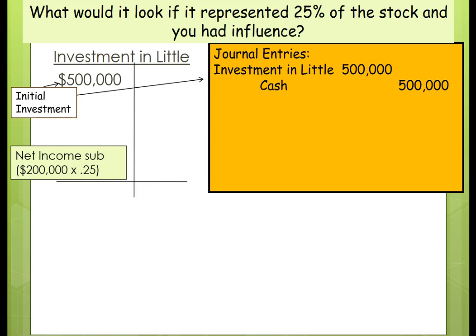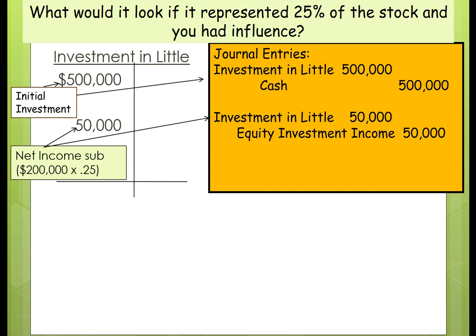First, we have to record our share of the sub's net income, which is, and we're going to take 25% of that because we only own 25% of it, and that will increase our investment account. And that would be treated as income on the parent's income statement. So they would show this equity investment income.